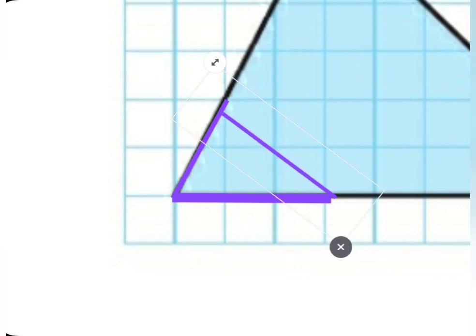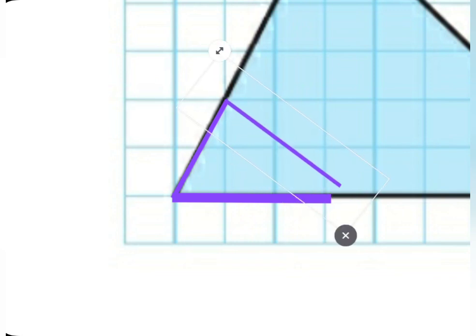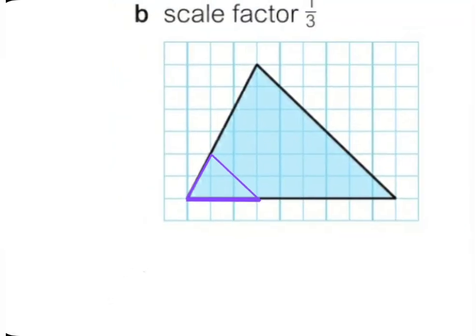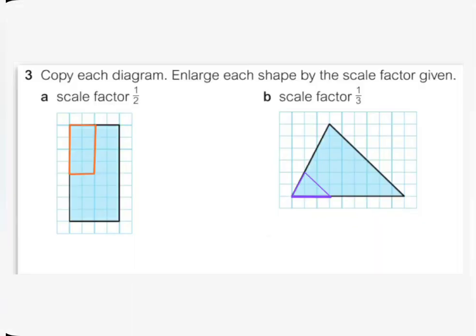And like this, I have my new shape, which was enlarged by a scale factor of a third. Now, this is how you answer a question like this. Now, I want you to focus on the scale factor and how we multiply the sides by the scale factor to get the new sides.